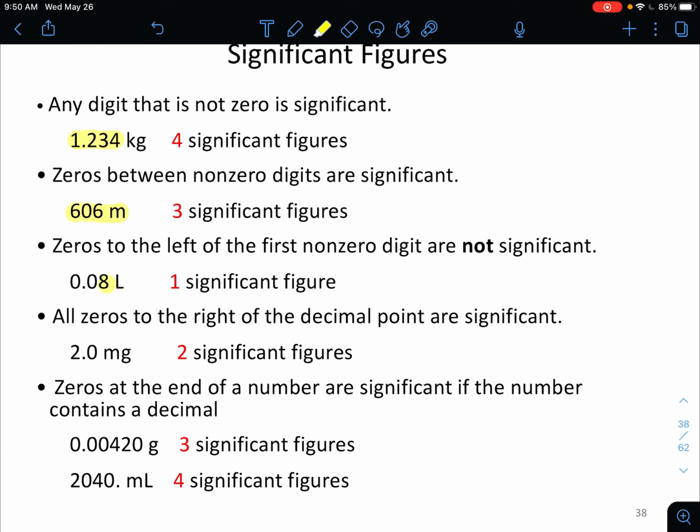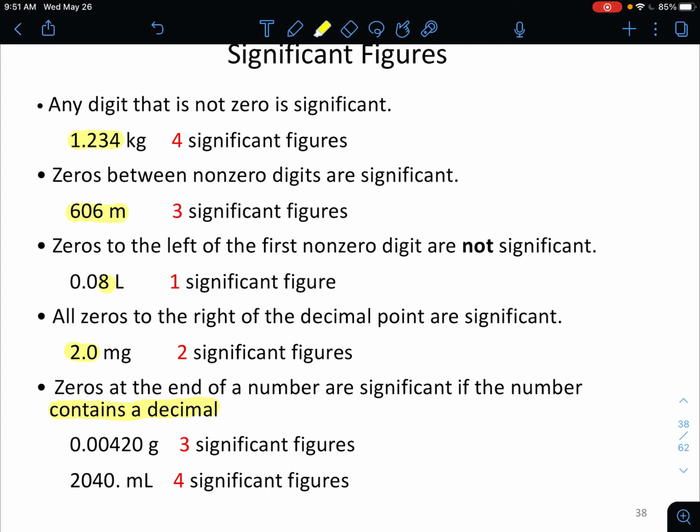All zeros to the right of the decimal are significant. So just to make that clear, right, 2.0, both of these are significant. And then just to be a little bit more direct with that, zeros at the end of a number are significant if the number contains a decimal.